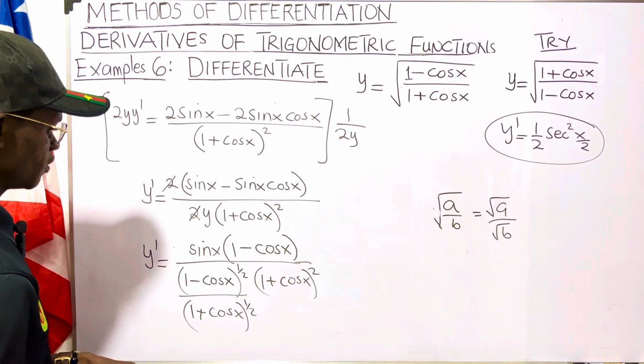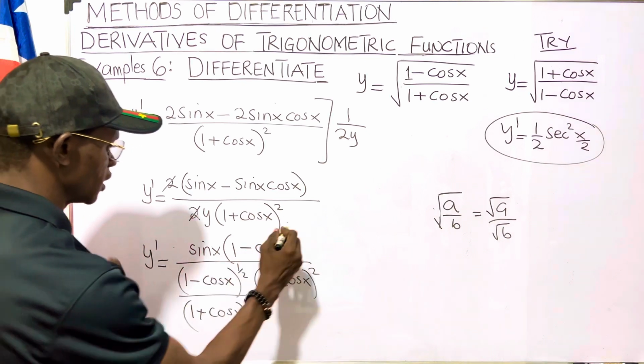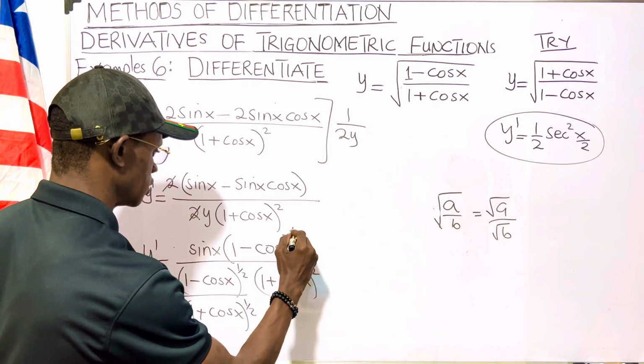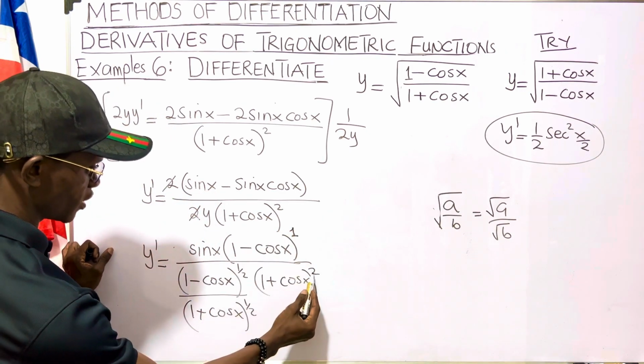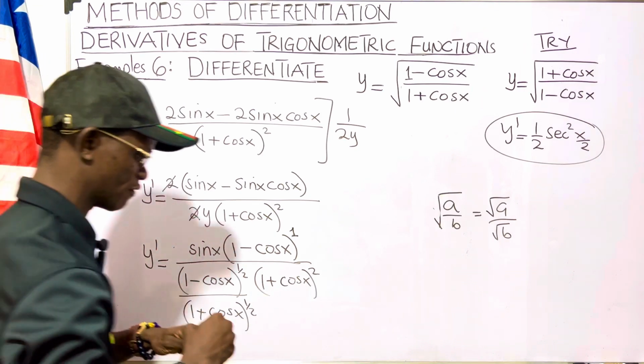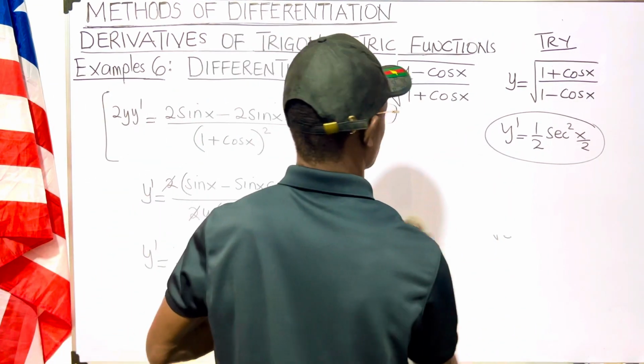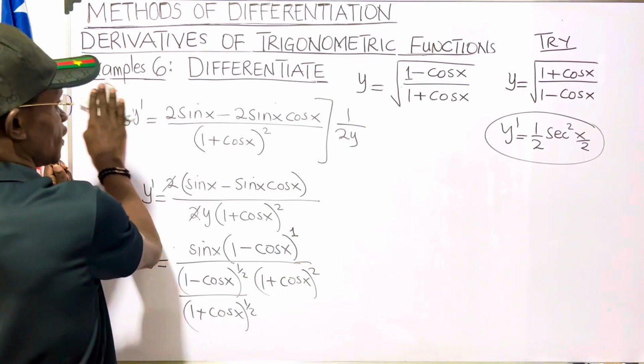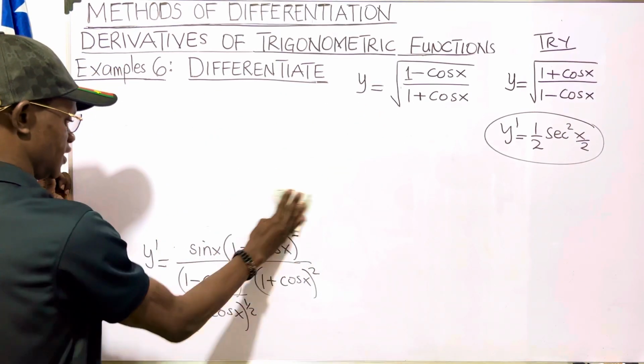So you see that we can simplify. The power here is 1, and the power here is 2. The power here is half. See how we simplify. It's very, very easy.